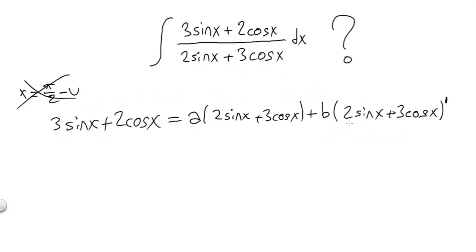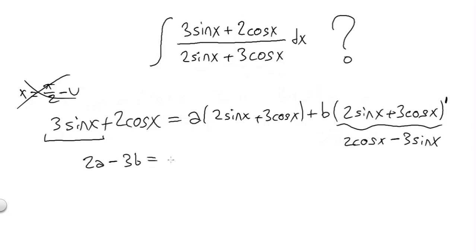If I differentiate this thing, it is just going to be 2 cosine x minus 3 sine x. So I have b times this thing. I can just compare them term by term. The coefficient of sine x is 3. So here I have 2a, and from here I have minus 3b is equal to 3.